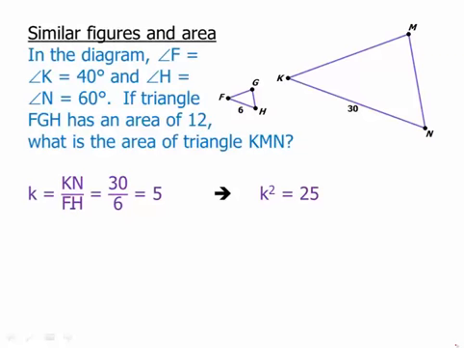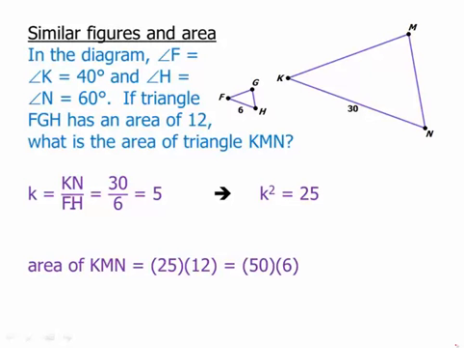The large one must have an area of 25 times 12. For that, we'll use the doubling and halving trick. Double 25 to 50, halve 12 to 6. Actually, we don't even need to do it again. 6 times 50 is 300. That's pretty easy to see. So that's the area of the larger triangle.